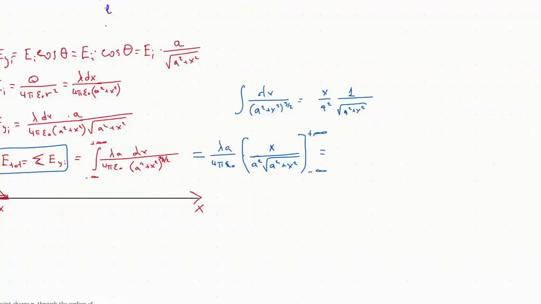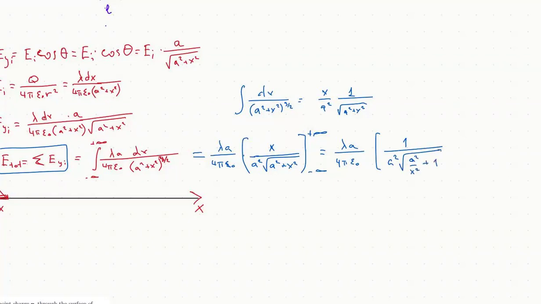To solve this, I'm going to do a trick here. Don't worry if you don't fully understand what I'm doing. I'm going to divide top and bottom by x. So that makes 1 over a squared square root a squared over x squared plus 1.